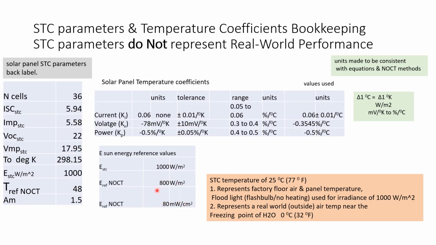These two numbers represent the same power level from the sun in the NOC equation. The difference is units. A number without a unit is pretty useless. All right, and how do I get there?